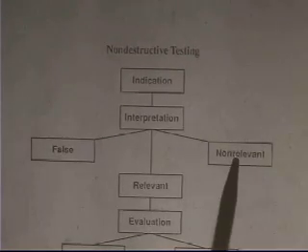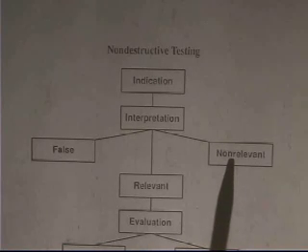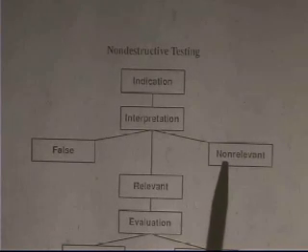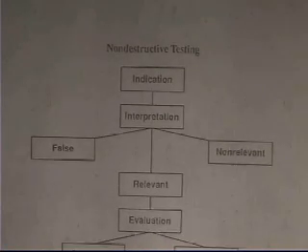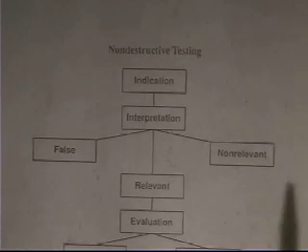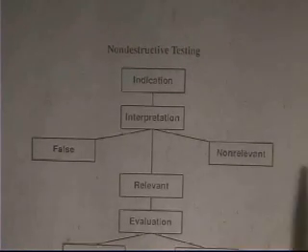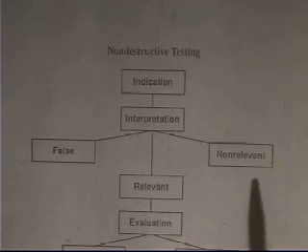And if you say, oh, well, it's not relevant, okay, there actually is some flaw in the material, but it's too small to be harmful. Let's say it's less than 1/8 of an inch and you got a critical flaw size of several inches and the specification says you only reject things greater than 1/8 of an inch.